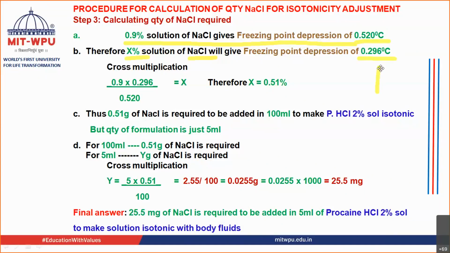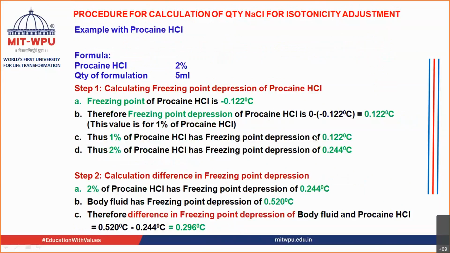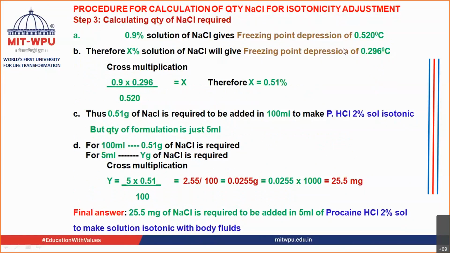Why do we want the freezing point depression of 0.296 to be added? Because that is the difference. The freezing point depression of your solution is already 0.244 because of procaine hydrochloride. The difference that you have to adjust is 0.296. This difference of 0.296, how are you going to adjust? You are going to adjust with NaCl.